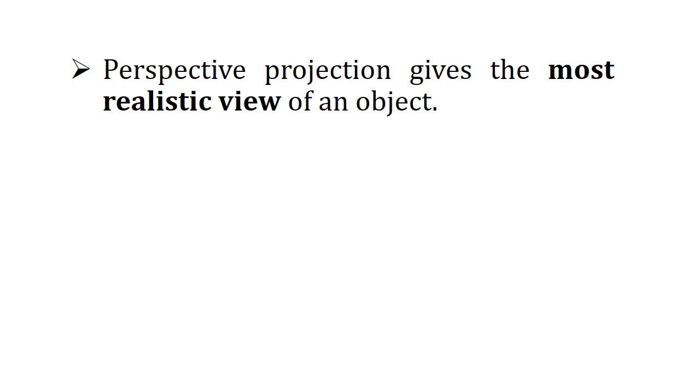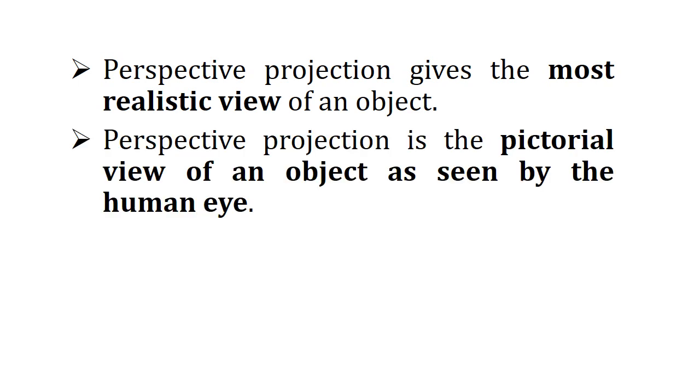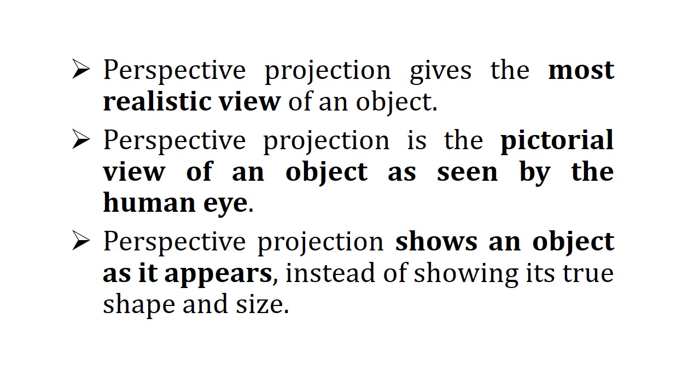So from all the above examples, we can conclude that the perspective projection gives the most realistic view of an object, and it is the pictorial view of an object as seen by the human eye. It shows an object as it appears instead of showing its true shape and size.